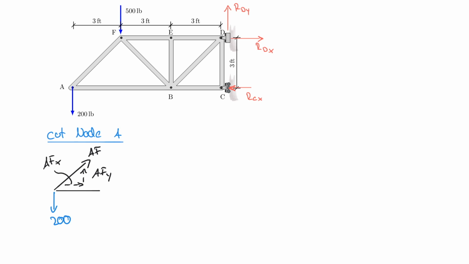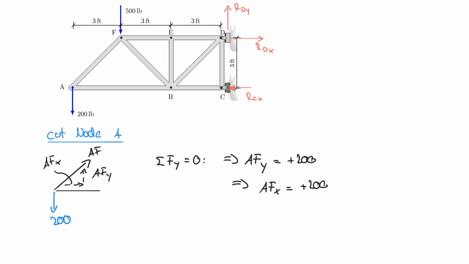And you already see that if I use the sum of the forces in the y direction being equal to 0, then I will find that AFY must be equal to plus 200. So that means that AFX is equal to also plus 200.